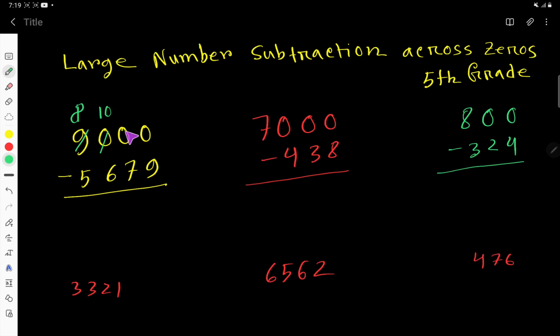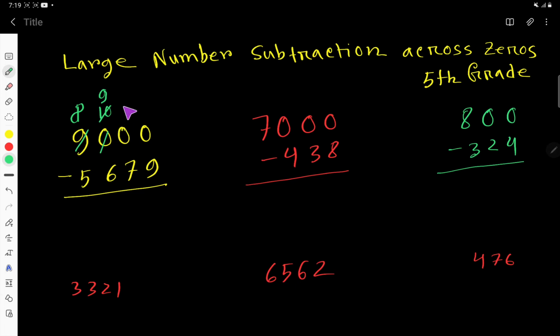So now work on this column. Borrow 1, so you are remaining 9. Borrow 1 from the hundreds column and place 1 before this 0.